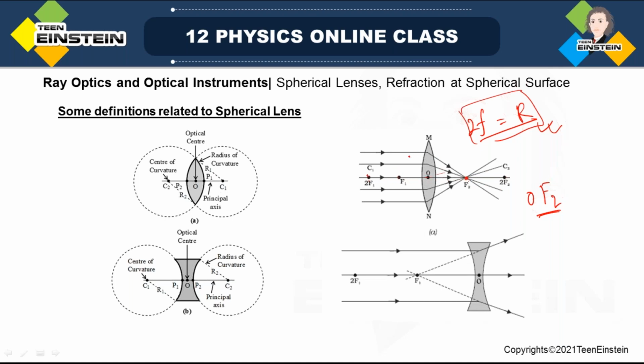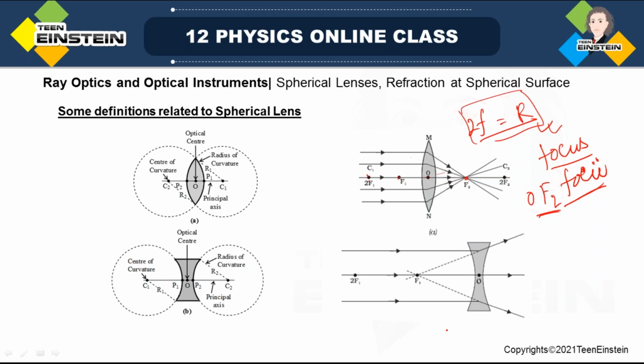If you reverse the rays, they will come and meet over here. So you have two foci. Focus is the singular and foci is the plural, so a lens has two foci.